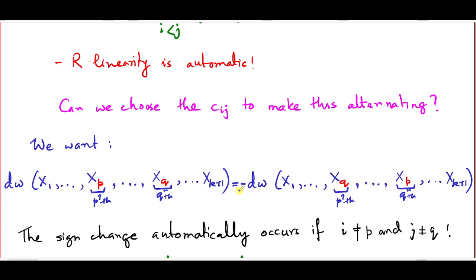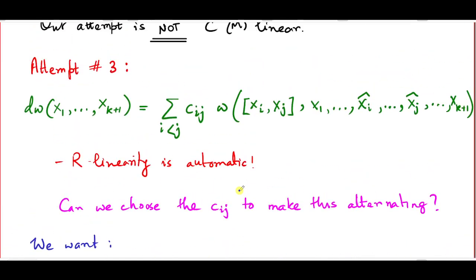Now, will that work for our attempted d omega, that is, for this sum? It's easy to see that if the two things which are being interchanged, Xp and Xq, are not sitting inside this Lie bracket, but are other terms here, the corresponding term will definitely change sign. That simply follows from the alternating nature of omega.